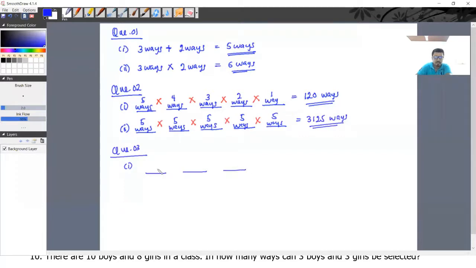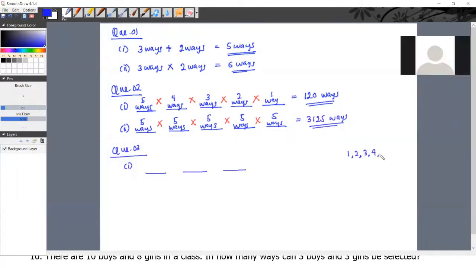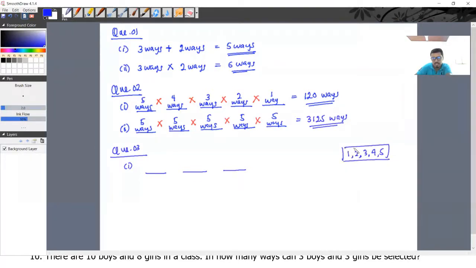We need to form numbers with 3 digits. What are the options we have? What are the digits we can use? We can use 1, or we can use 2, 3, 4 and 5. So these are the 5 digits which we can use. If the repetition is not allowed, how many possible options are here?